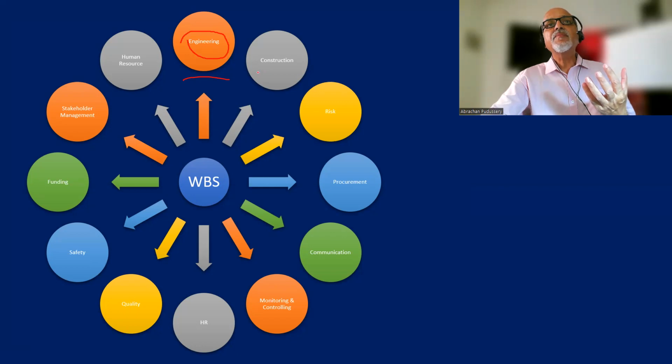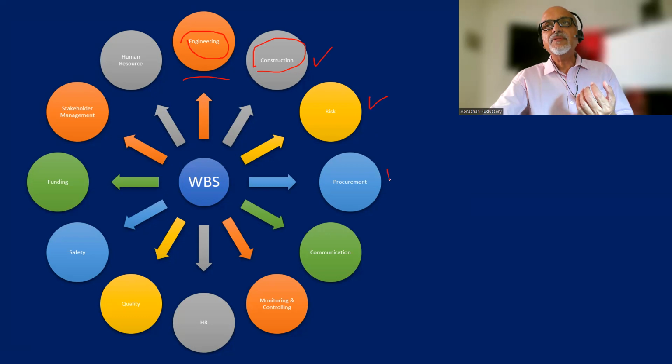Then we need to think about the actual construction, engineering designs, and then the real construction of those components. Then we should look at the risk management aspects: what all things can go wrong and what all things can be exploited further. So we need to think through risk management aspects.